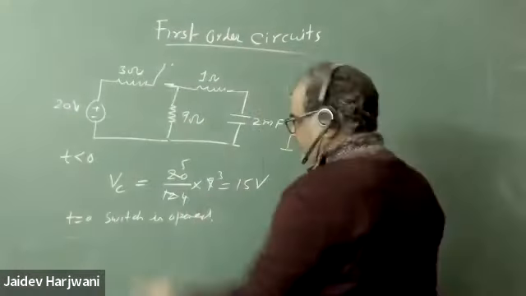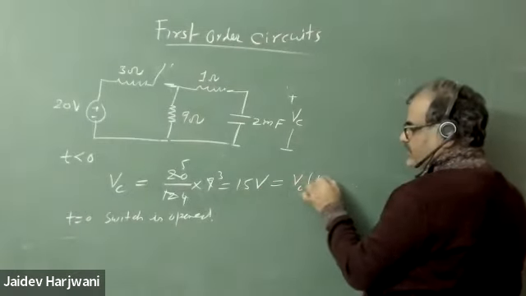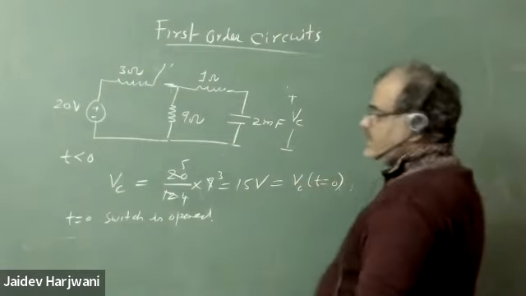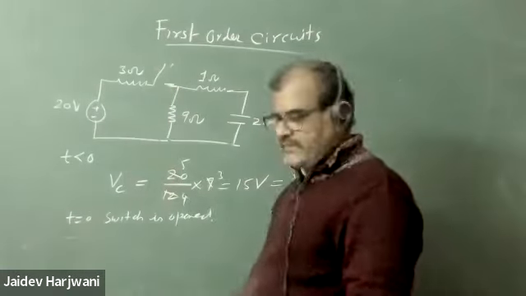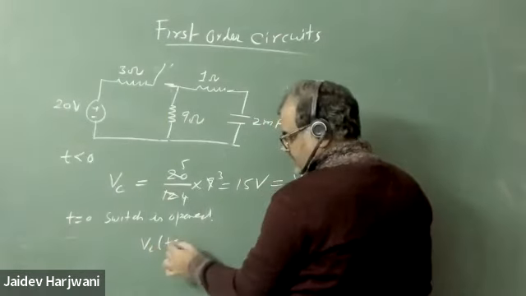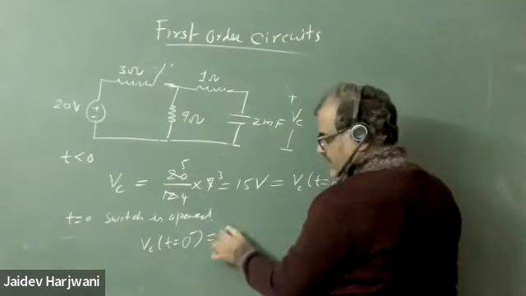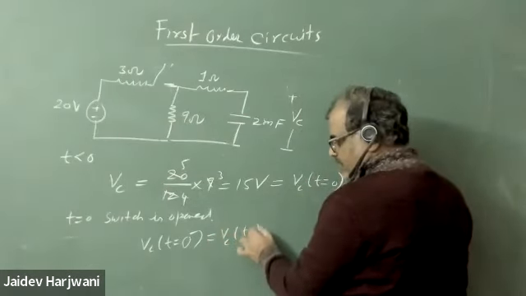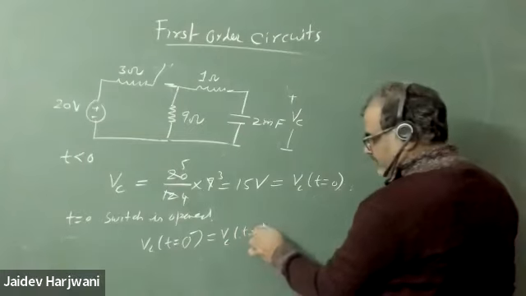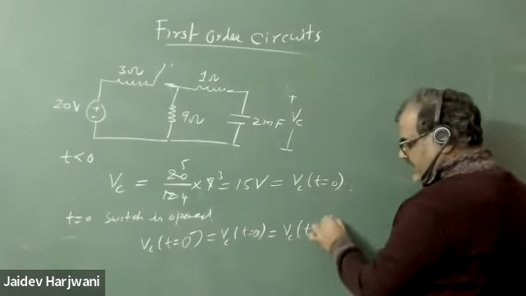So whatever voltage we have calculated here, this is VC at t is equal to 0, because at t is equal to 0 they are opening. So VC just before t is equal to 0, that is 0 minus time, is equal to VC at t is equal to 0, and this is equal to VC at just after 0, 0 plus time.